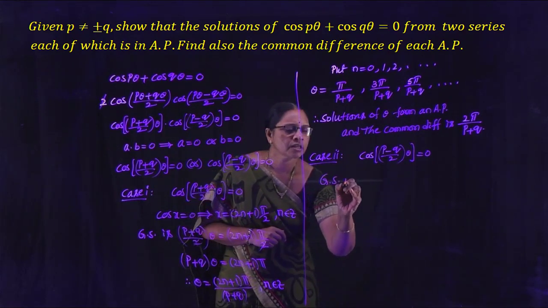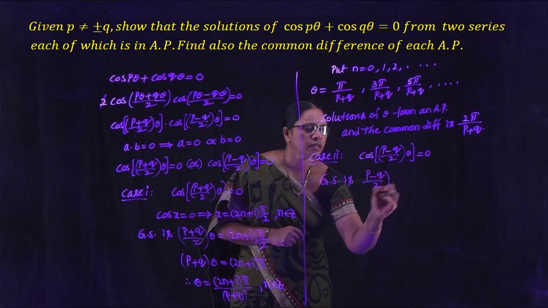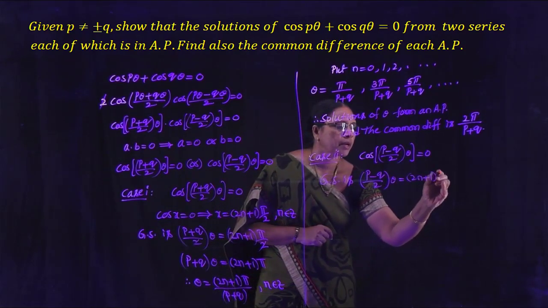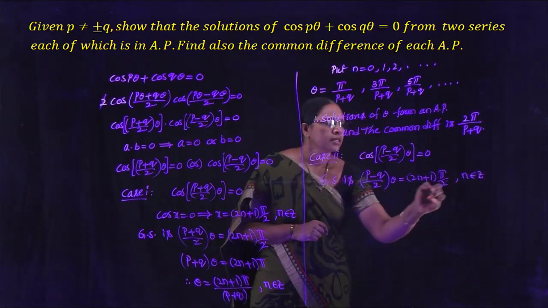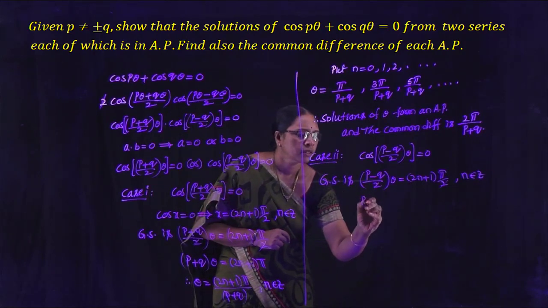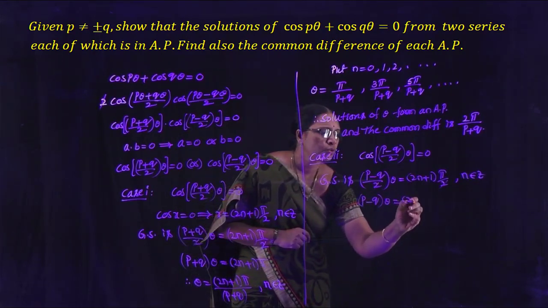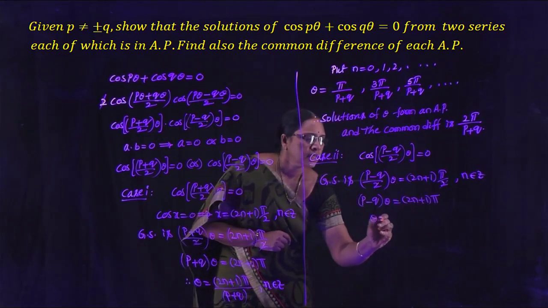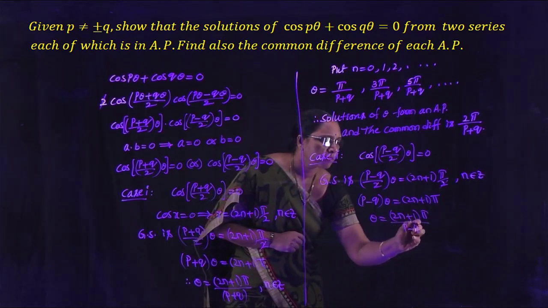Here general solution is p minus q by 2 theta is equal to 2n plus 1 pi by 2, where n belongs to z. Here 2 gets cancelled. P minus q theta is equal to 2n plus 1 into pi. Here theta is 2n plus 1 pi by p minus q.